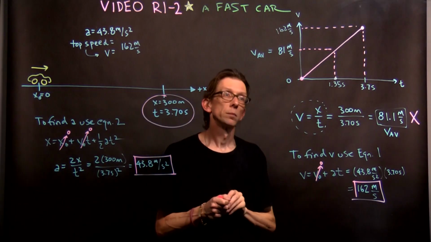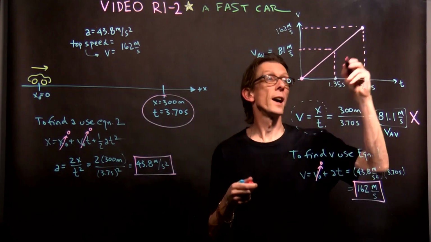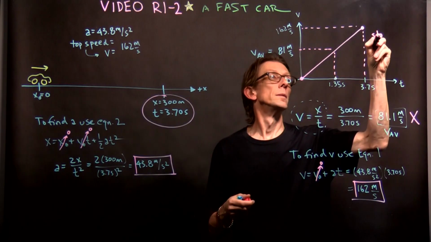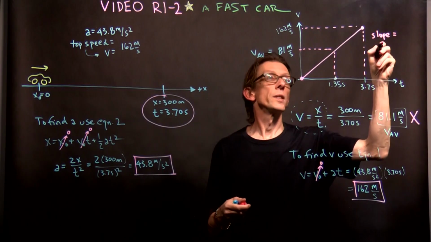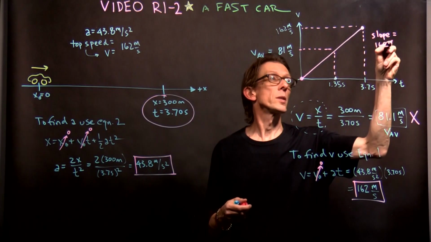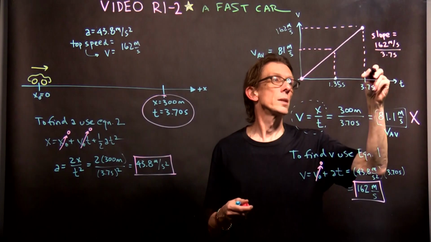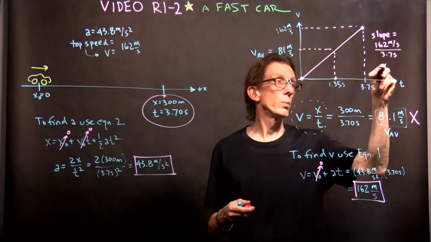Okay. So the slope of this is constant because the slope of this line here is equal to the rise over the run, right? Which is 162 meters per second over the run of 3.7 seconds, which is 43.8.